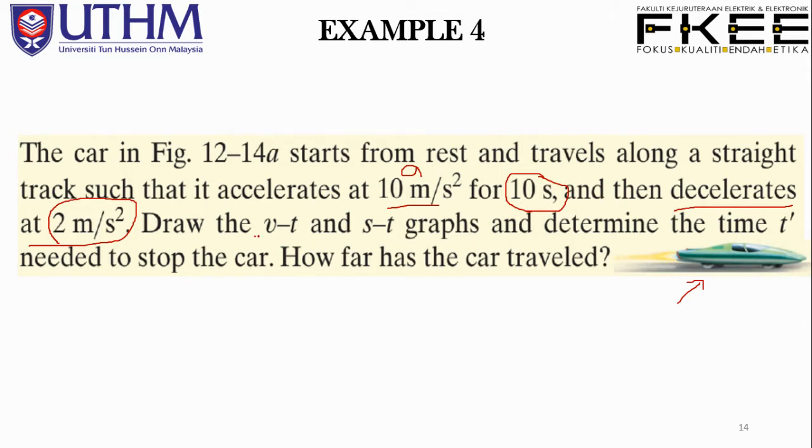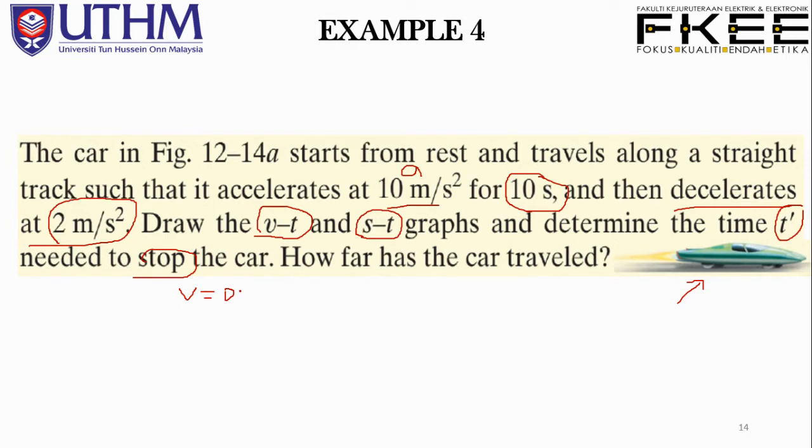This is the relationship between speed v and t, and this is the relationship between distance s and t, and determine the time t prime needed to stop the car. This means v2 equal to 0.